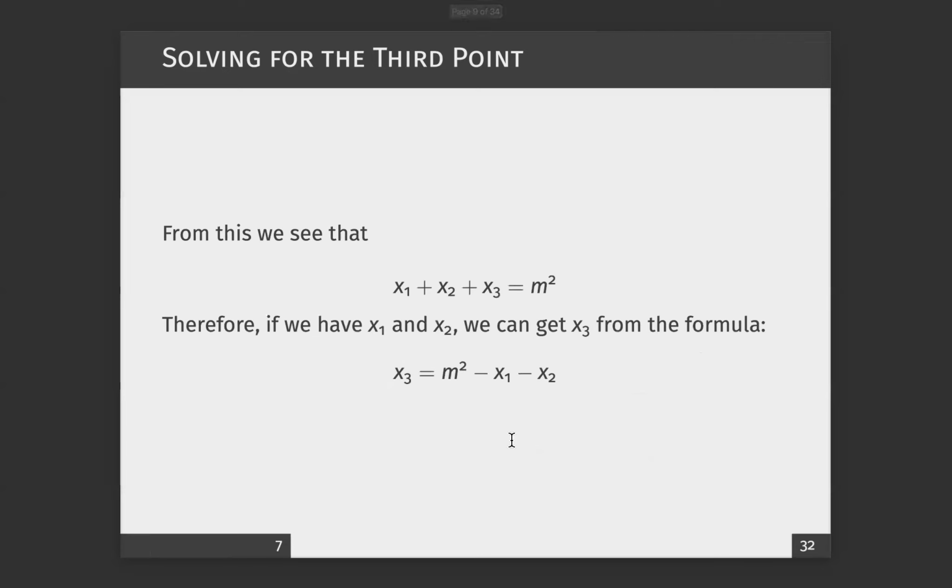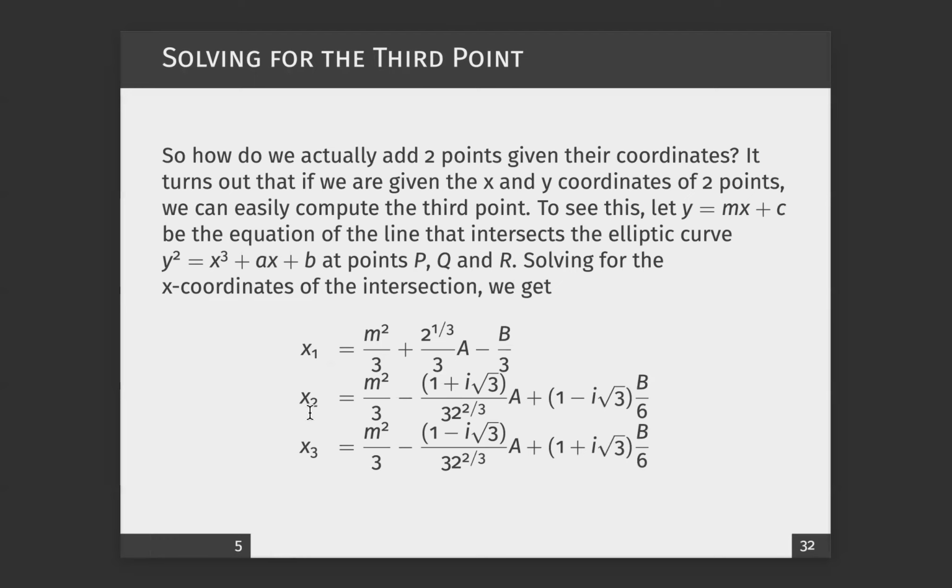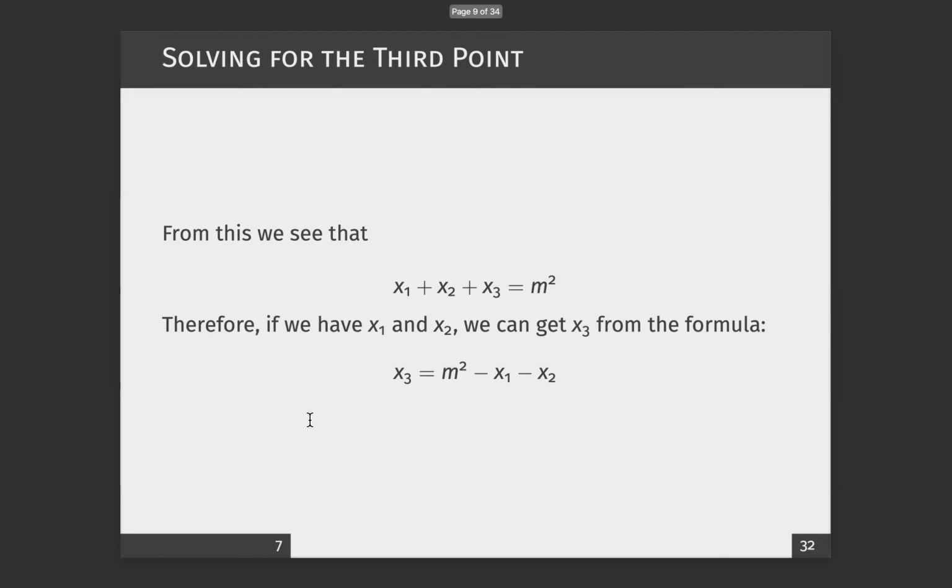Because if you add x1, x2, x3, you will actually get the slope squared. Since x1 and x2 are given, then you can get the third point.